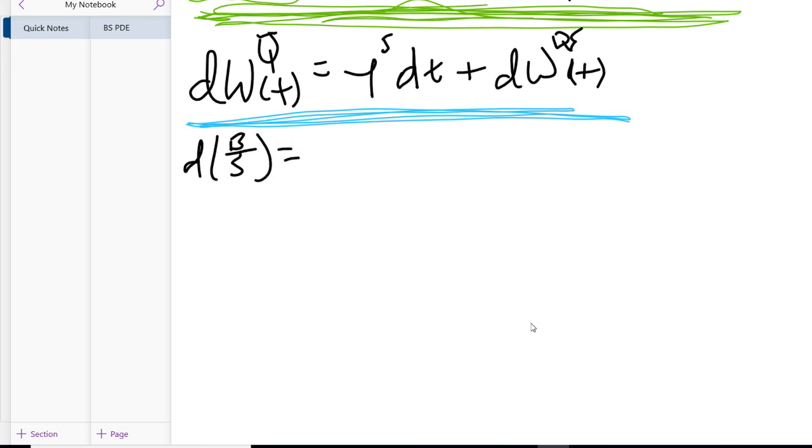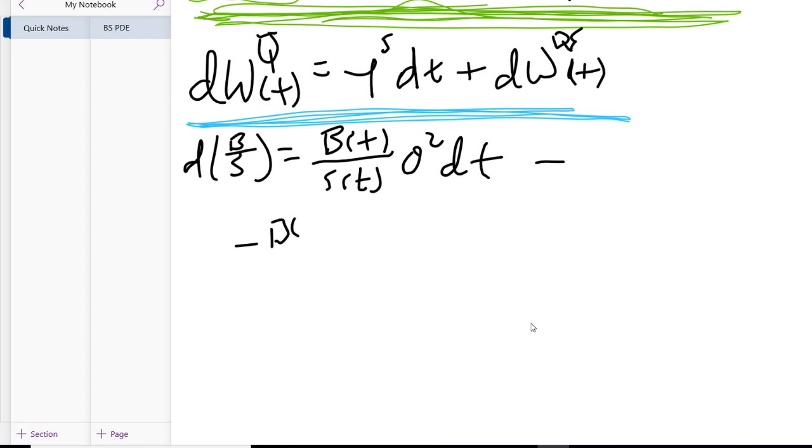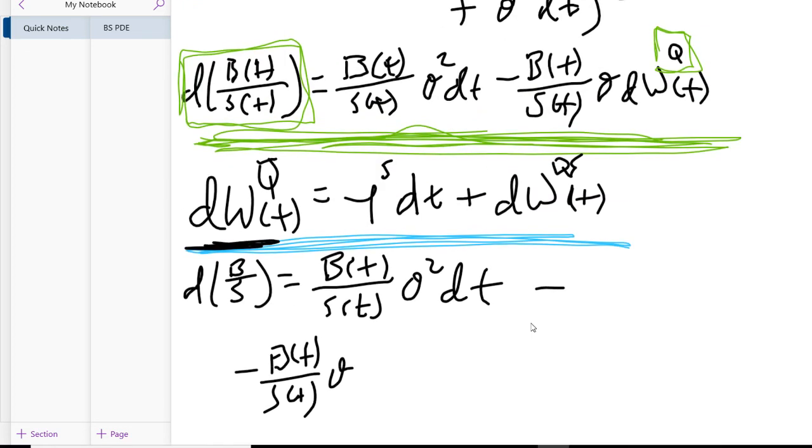So recall we had equals BT over S of T sigma squared dt minus, and then we had BT over S T sigma, but now we're going to rewrite this, because you remember at this point we just had dWQ t.